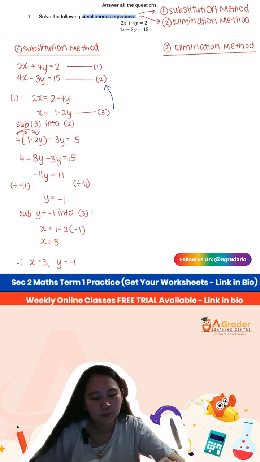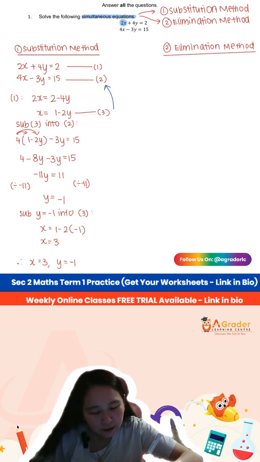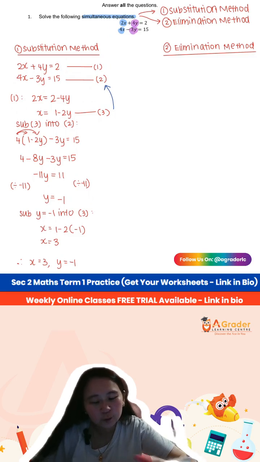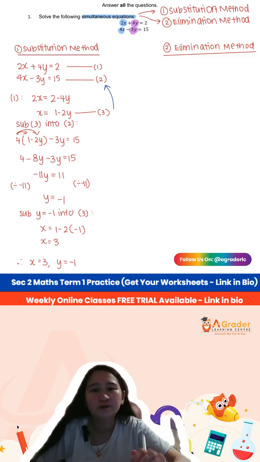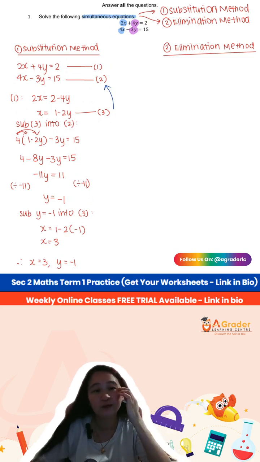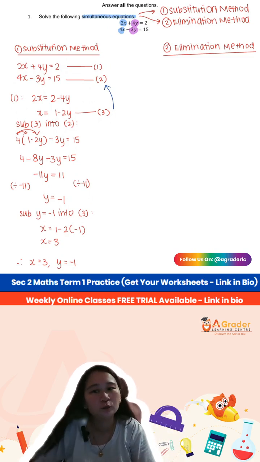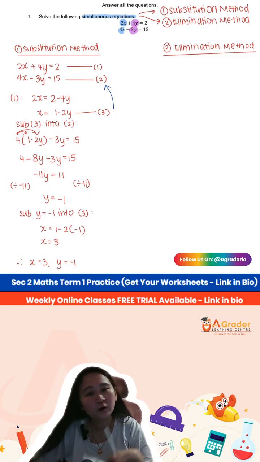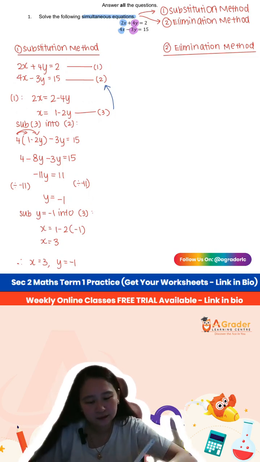Okay, elimination method means I want to eliminate something away. So we have to look at the coefficient of the like terms. Which one is easier for you to make them the same, just the numerical value the same. Okay, so you can see that the LCM for the coefficient of x is smaller because one is 2, one is 4. So the LCM for the coefficient of x is just 4. So I can just change my equation 1.